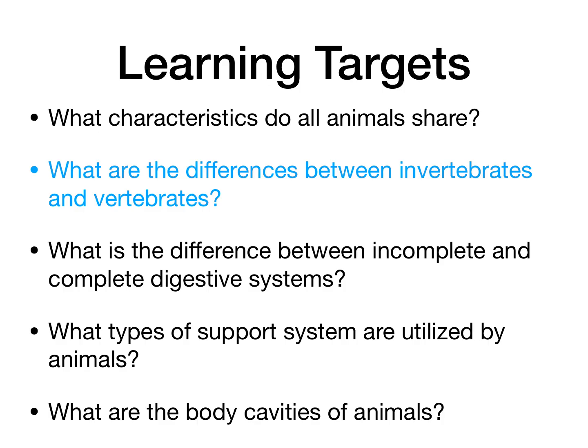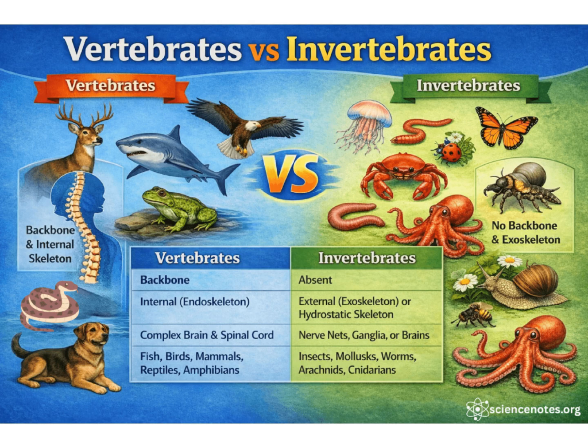So what are the differences between invertebrates and vertebrates? My guess is that you already have a sense based on the vocabulary and your previous experiences, but I did insert this image that gives you some of these key points. Vertebrates have a backbone and invertebrates do not have a backbone. For support, vertebrates have that internal endoskeleton, where invertebrates might have an exoskeleton, or maybe they have some other type of support, which is maybe through water pressure, which would be a hydrostatic skeleton.